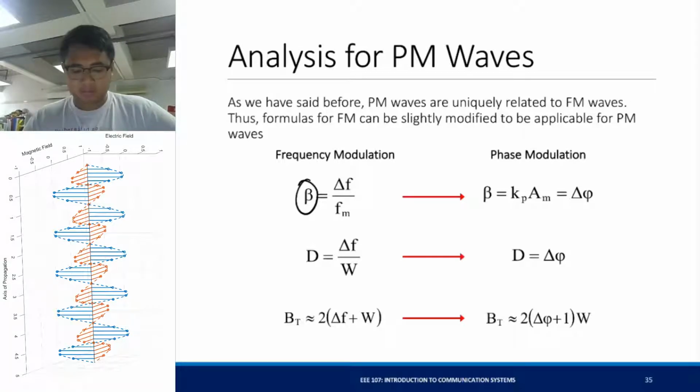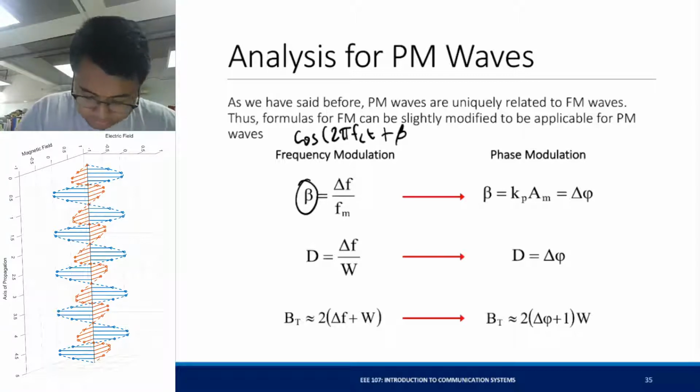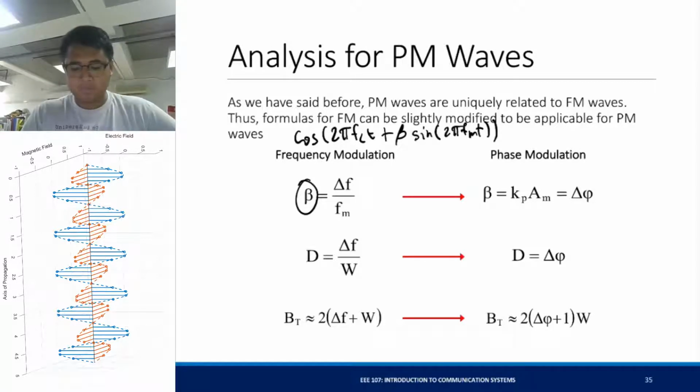If we go back to the expression for an FM wave, you have cosine 2 pi f_c t plus beta times sine 2 pi f_m t. Okay? We'll just use the amplitude of your single tone signal. That is already your phase modulation.